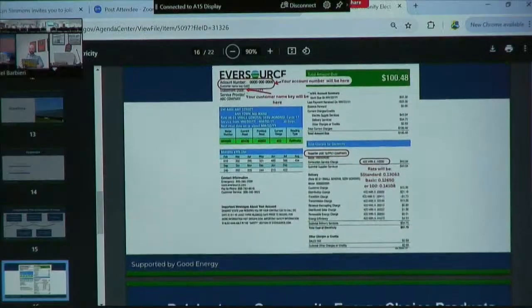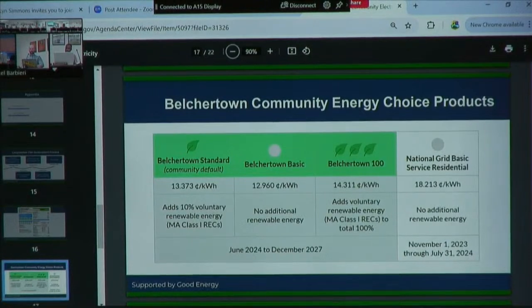Yeah, and I think slide 17 was what they offered in showing us the price differences, that the standard option would be, in Belchertown at least, 13.37, basic 12.9, so not a significant difference price-wise, but then a much more significant increase going over to the 100%.